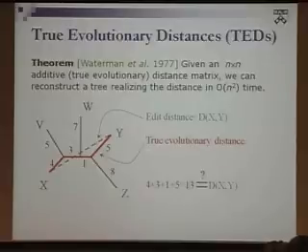The idea is this. If somehow we have this tree, and the branch length is the actual number of rearrangement events, the actual number of events that happen between them, this records the whole evolutionary history of the different species. And if you look at this red line, you can compute the distance between them by adding up the branch lengths.